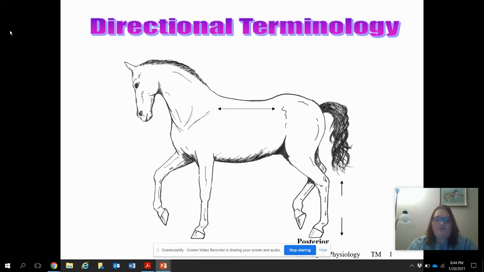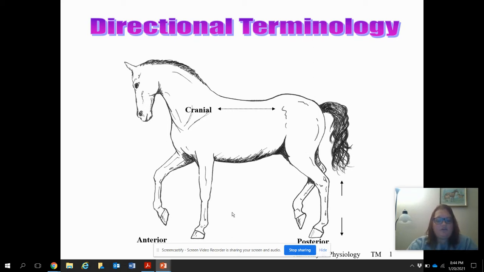All right, so we have posterior at the bottom. It is at the rear of the horse here, the rear of the horse, posterior. And then the opposite of that would be anterior, so that is towards the front region. The posterior is towards the tail, the anterior is towards the head.